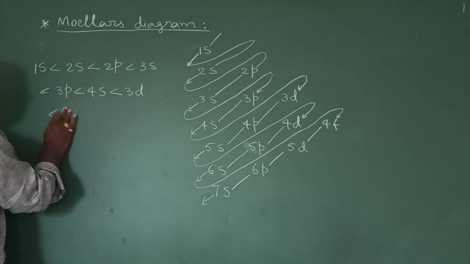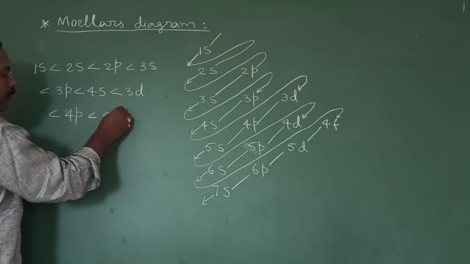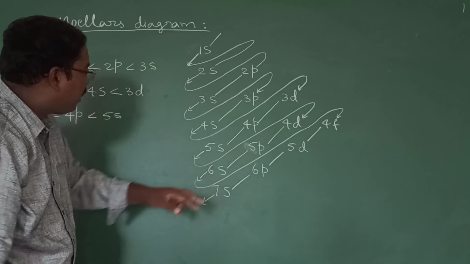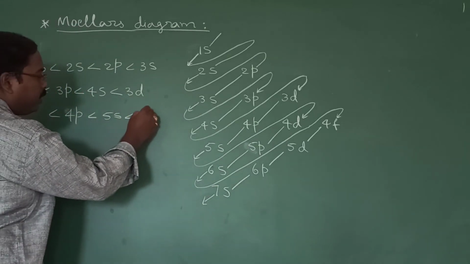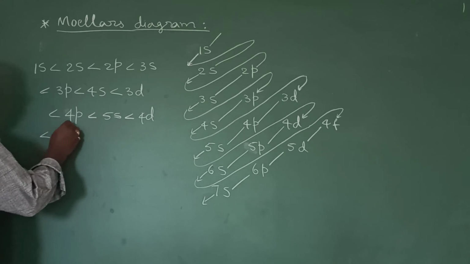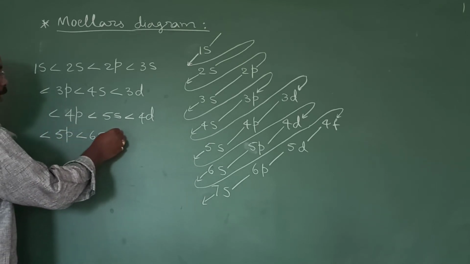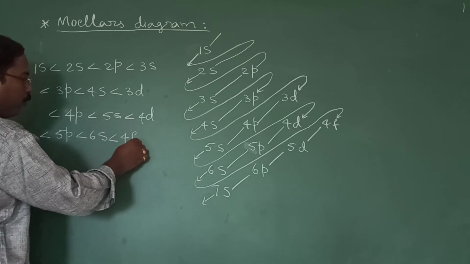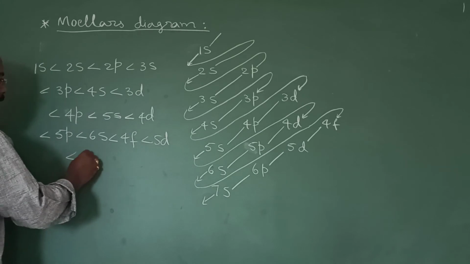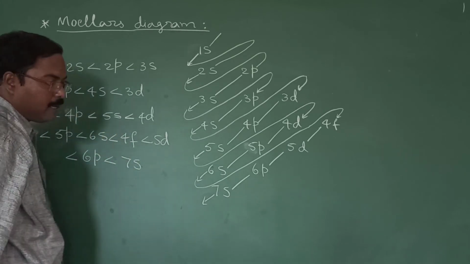Then 4p less than 5s less than 4d less than 5p, then the electron goes to the 6s orbital, then it goes to 4f, then 5d, then the electron goes to 6p, then 7s. Okay? Anyway, write in the notes.